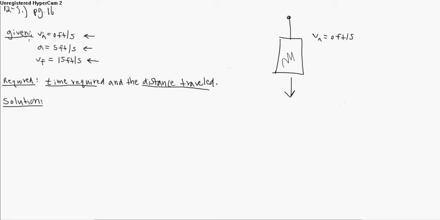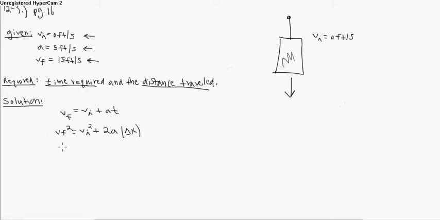knowing this given information, this problem is relatively simple to solve. Now, anytime you're dealing with constant acceleration, you can use these formulas right here. You can say the final velocity equals the initial velocity plus the acceleration multiplied by the time. We can also use this formula right here: velocity final squared equals velocity initial squared plus 2 times acceleration times the change in distance.